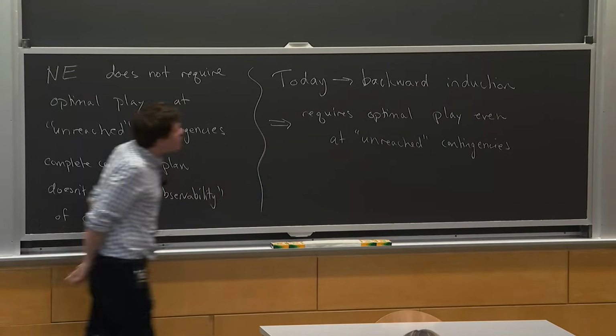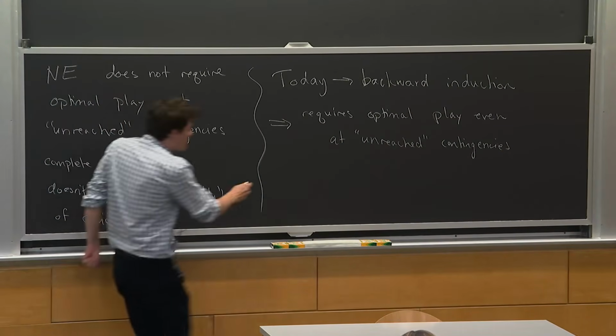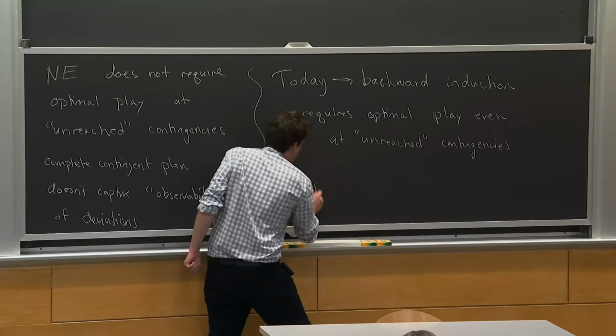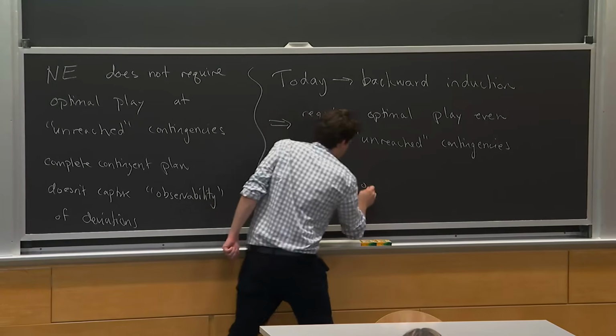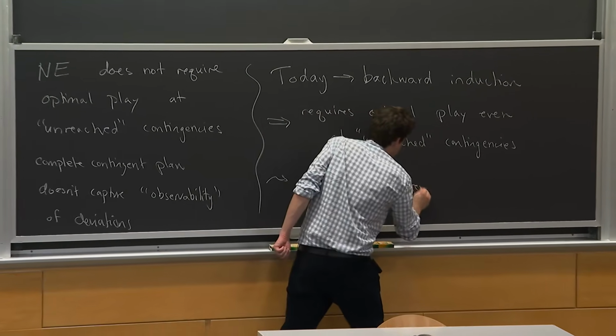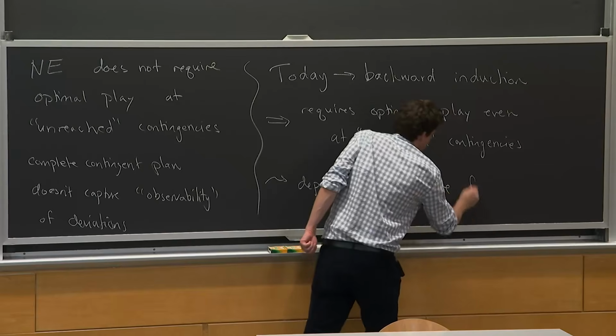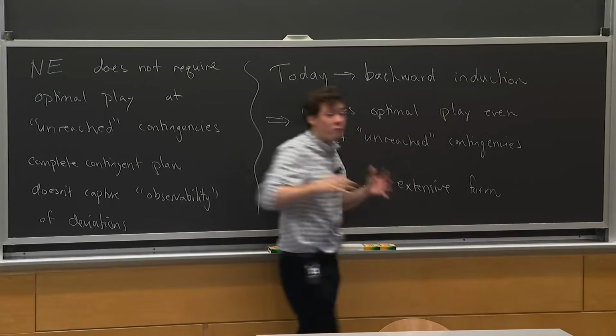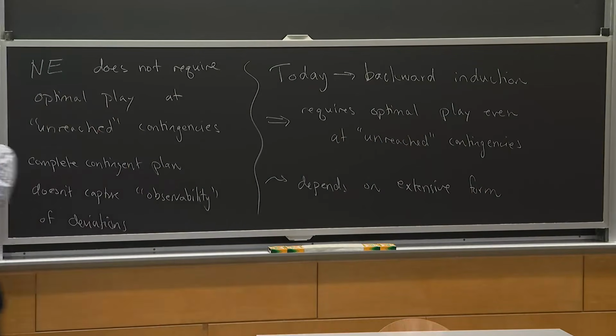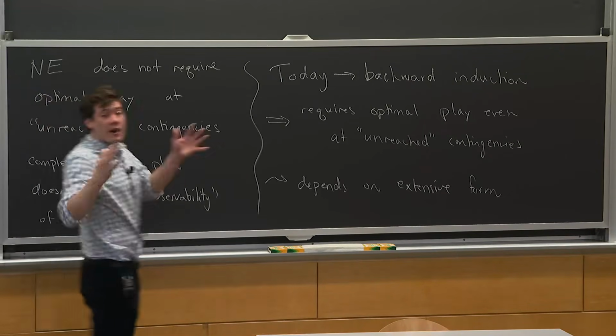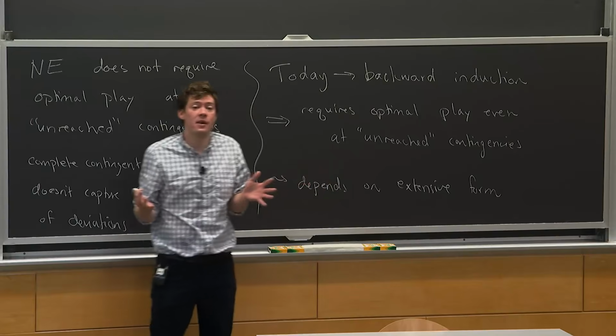And I want to make one more point: what we're doing today is going to depend crucially on the extensive form. So far our approach in the class has been to start with the extensive form to capture the application we're studying, reduce it to the strategic form, and then do all our analysis within the strategic form.